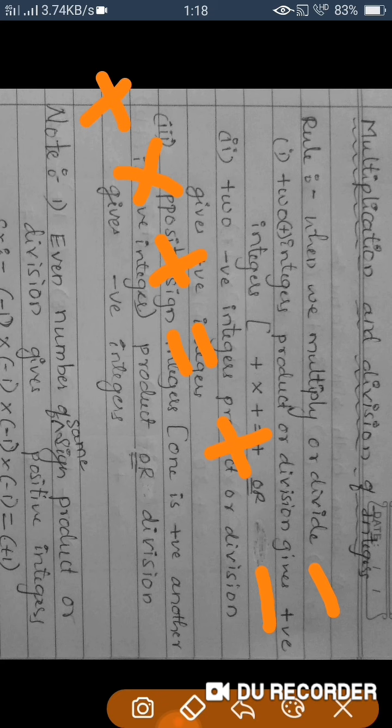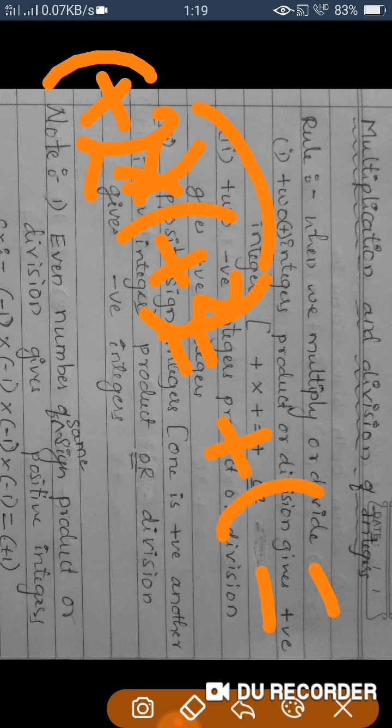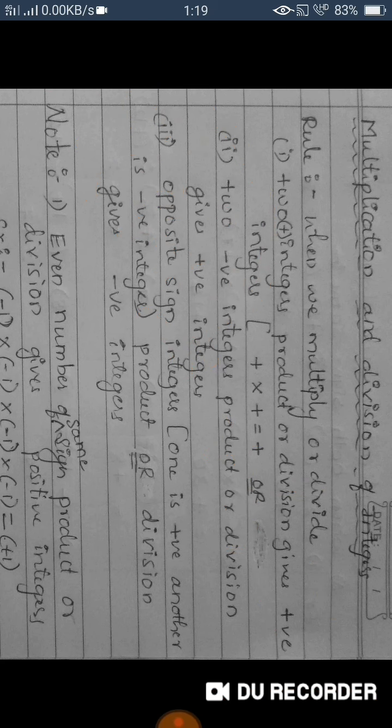Just multiply the numerals. For example, positive 2 and positive 3. 2 threes are 6. So positive 6. That's all.